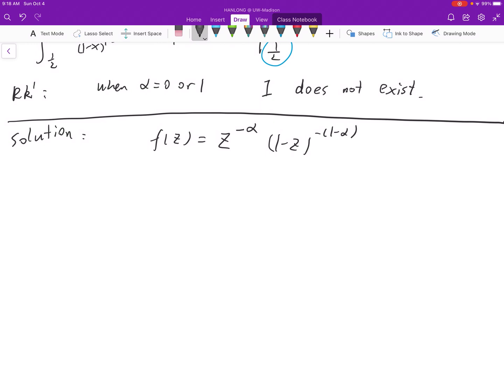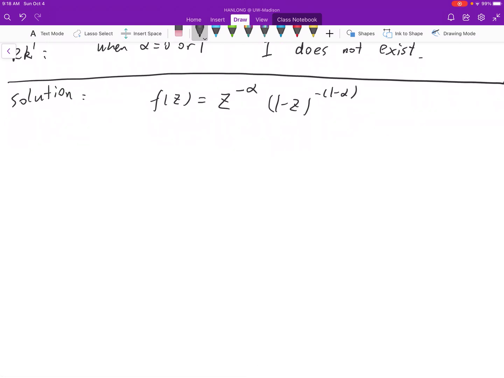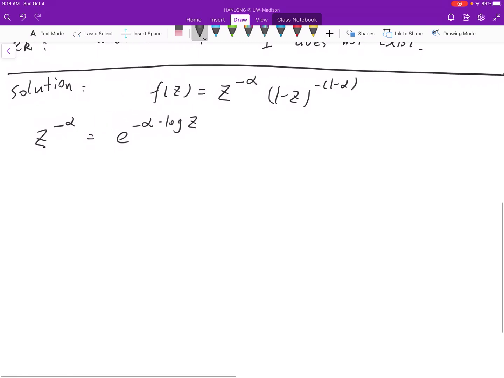Okay, then of course the first thing we need to do is take the branch. For z to the minus alpha, we write it as e to the negative alpha times log z. Then we need to take a branch for log z. As usual, we cut the domain along the positive real axis starting from 0.